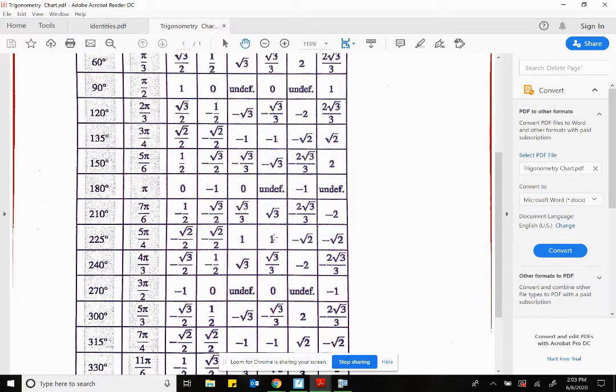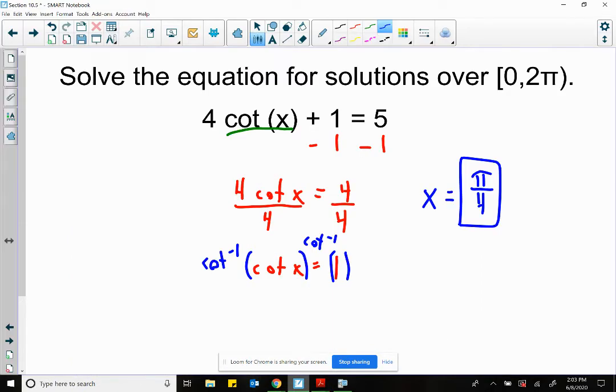I was thinking of a quadrantal angle. That's where I was messing myself up. So 5 pi over 4 is the other one. That was my fault. I apologize for that. And I'm sure some of you are probably like, Mr. Armstrong, you're wrong. 5 pi over 4. There we go.